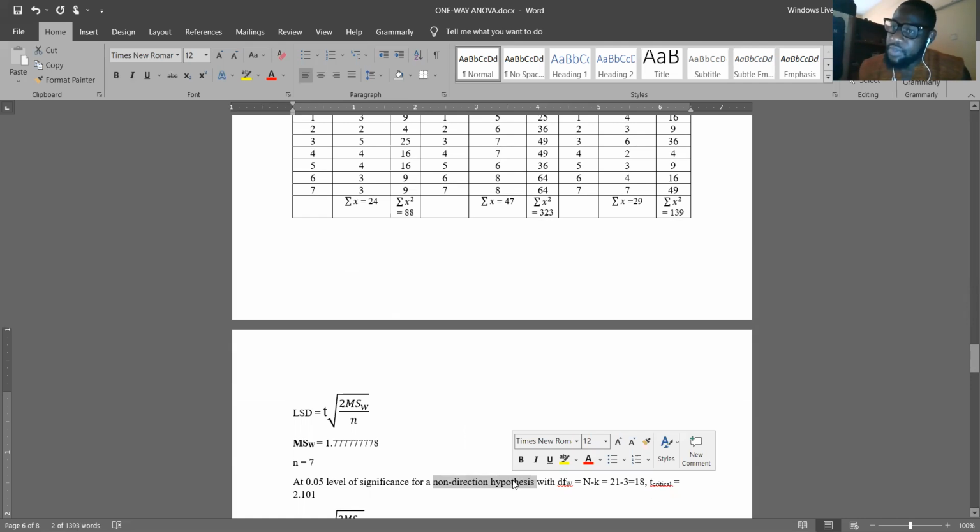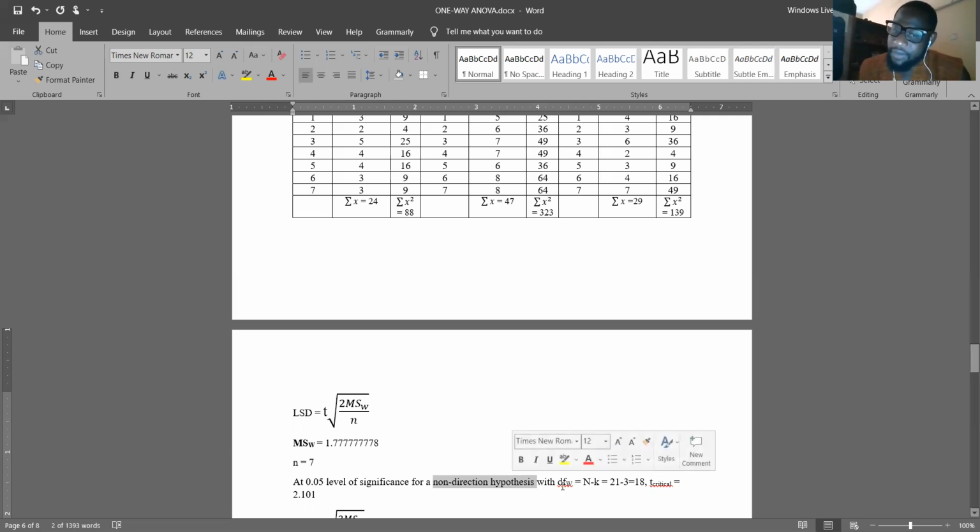Then the next thing for us to do is to find the degree of freedom. When it comes to ANOVA, we calculate two things: degree of freedom for between and degree of freedom for within. Our emphasis when calculating for LSD should be on degree of freedom for within.